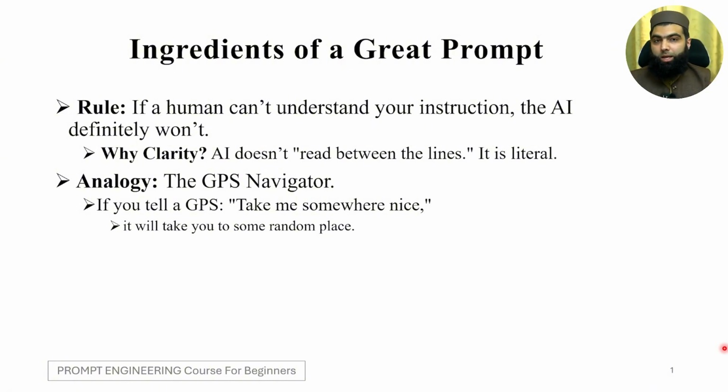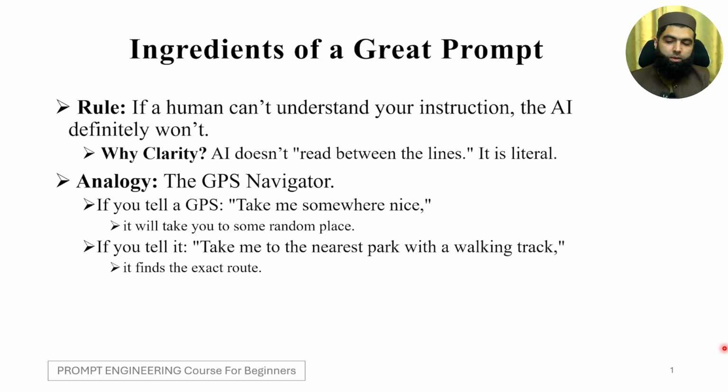Maybe it will be a nice place, but not what you were expecting. But if you tell it very clearly, take me to the nearest park with walking track, because your mood was that you were craving a walk.